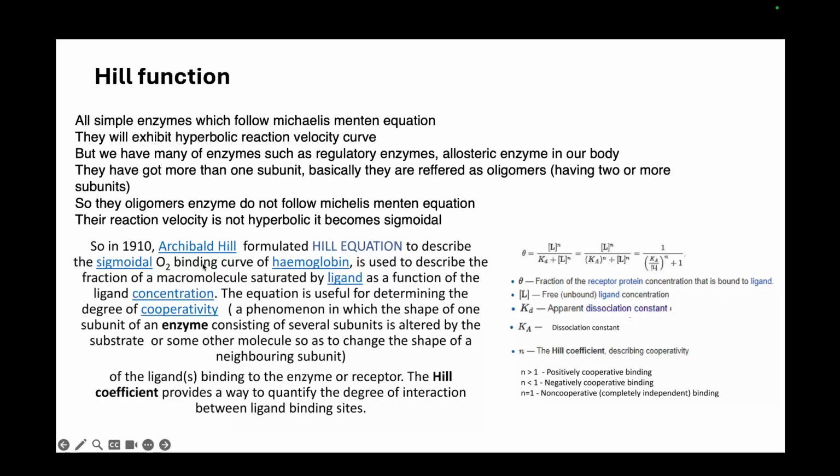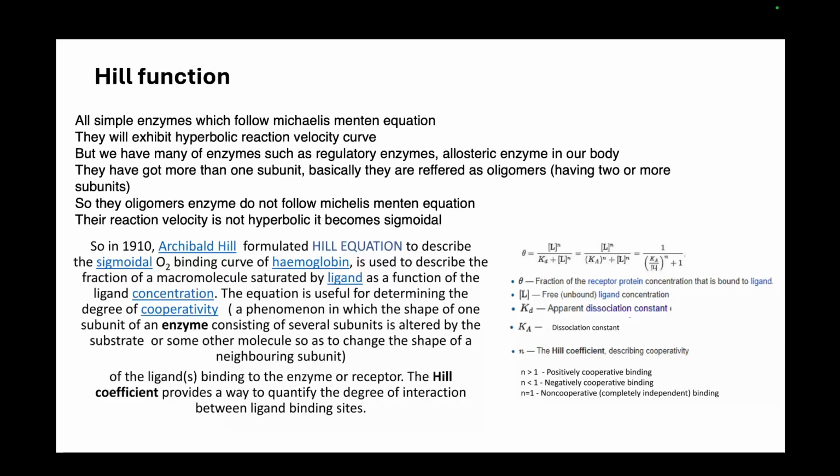So in 1910, Archibald Hill formulated the Hill equation to describe the sigmoidal O2 binding curve of hemoglobin, which is used to describe the fraction of a macromolecule saturated by a ligand as a function of ligand concentration. So it is basically a form of the Michaelis-Menten equation to much more accurately describe the process of, say, binding of different molecules together.